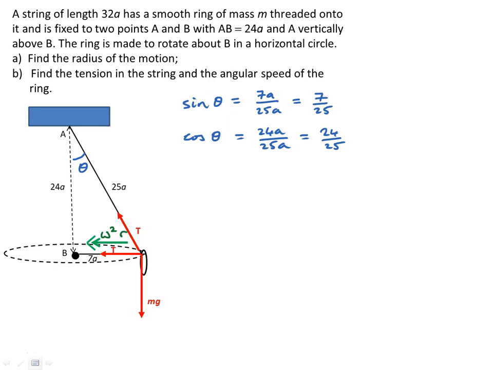Okay, so we now need to apply Newton's second law. The angle that the string AP, A to the ring, makes with the vertical is theta. So, resolving vertically, the component of T on the piece of the string linking A to the ring is going to be T cos theta.